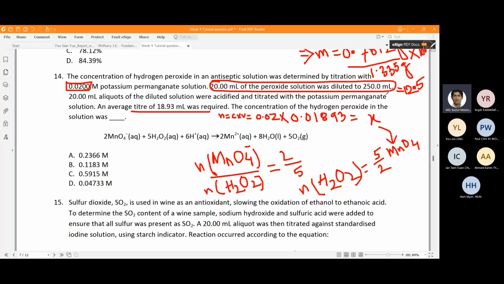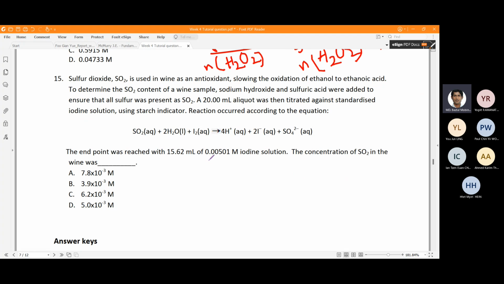And then, of course, we have to multiply it by the dilution factor to know the concentration in the original 20 milliliter solution. All right, so this is how we will be doing it.